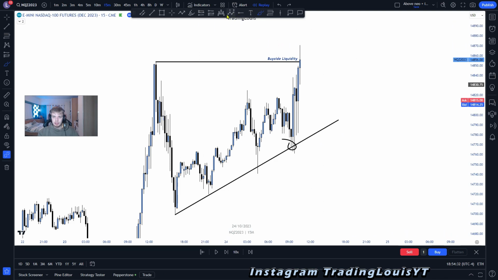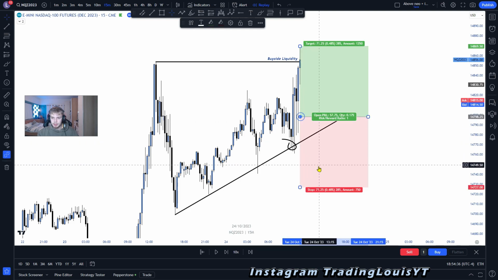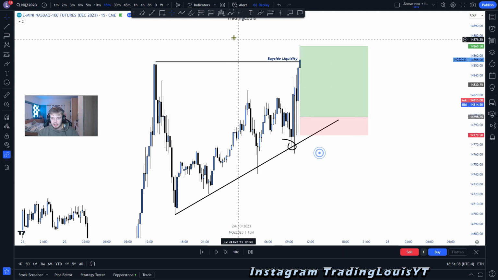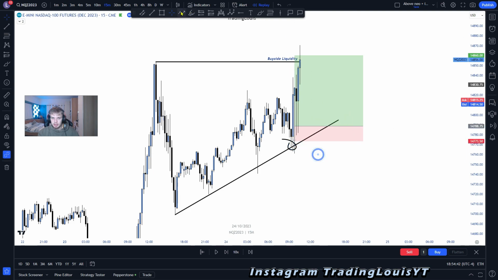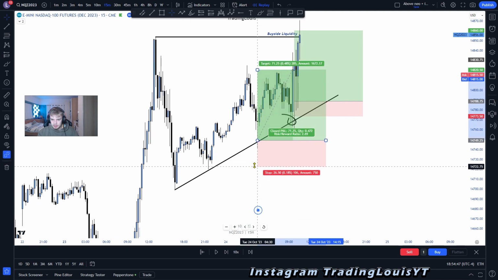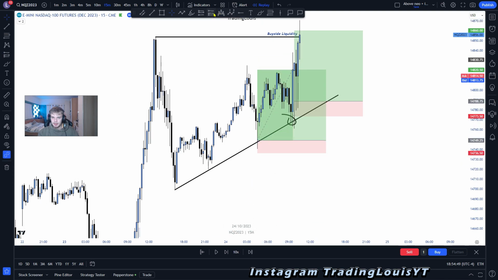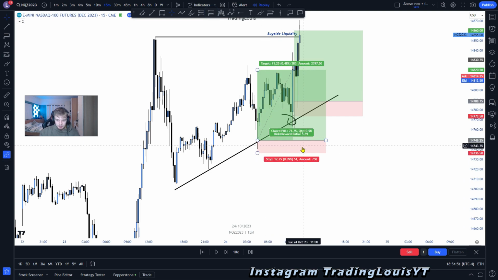So what that basically means is that there are long position stop losses resting here. People that went long here, their stop losses will be at this trend line. People that went long here, their stop losses will be around this trend line. And same, you get what I mean.